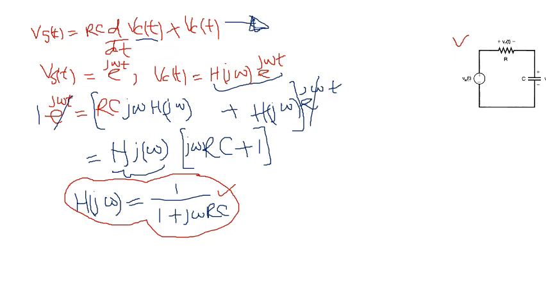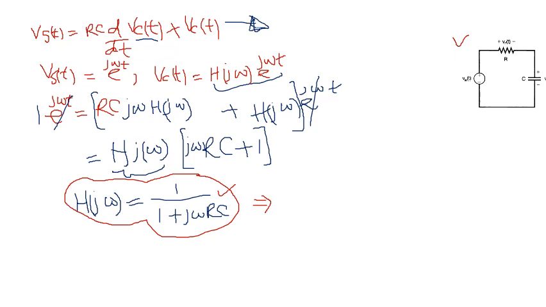Okay, so let's find the impulse response for this circuit. So how to find the impulse response? That's very simple. How do you find the impulse response? Remind me when we will be doing the Fourier transform, I will tell you how to take the inverse of this one.